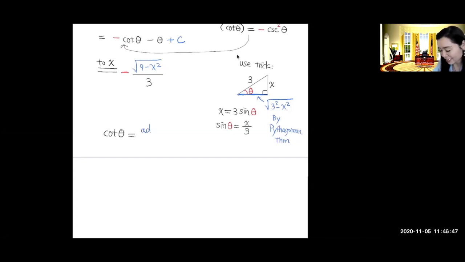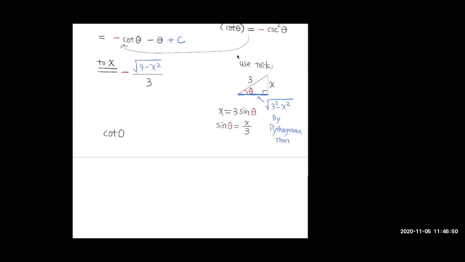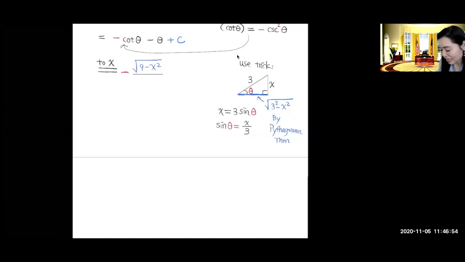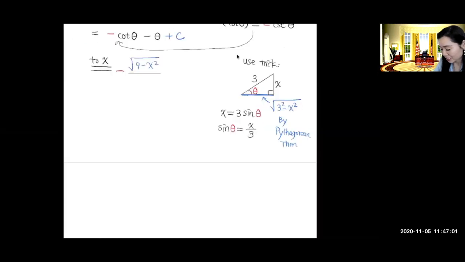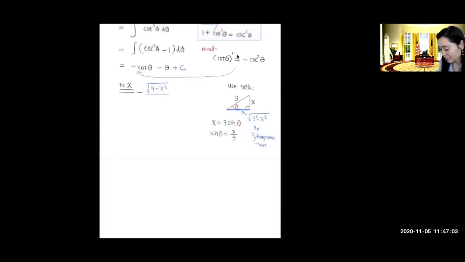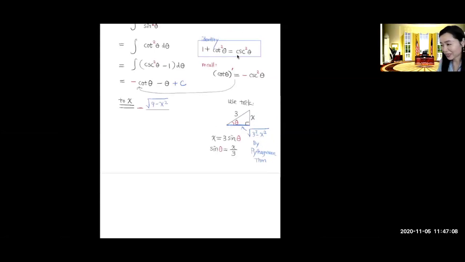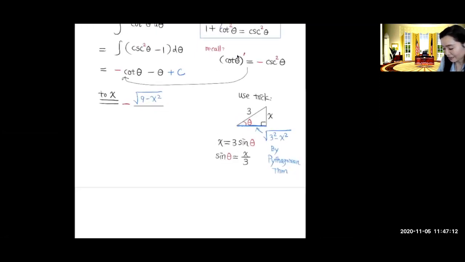Can you guys see the mistake? It's over x, not over 3. Yes. Cotangent is adjacent over opposite. Good job. So you are paying attention. I'm just checking if you're paying attention or not. Thank you, Alexi.